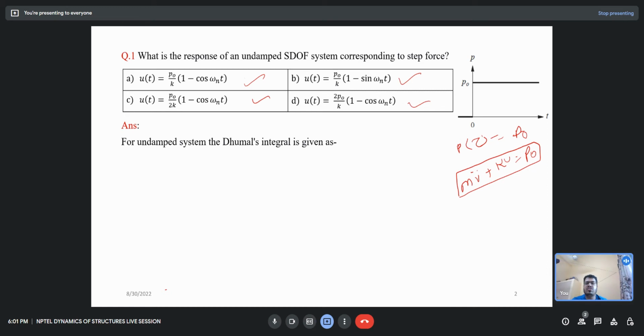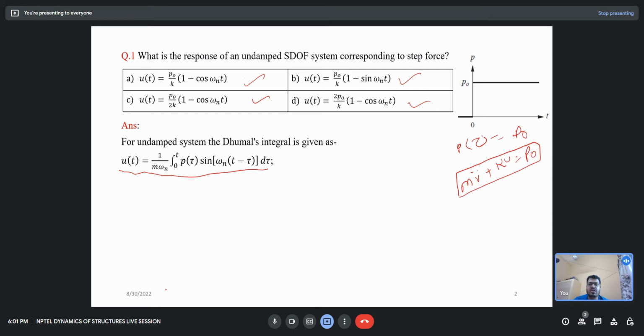So do you know what is the equation of the Duhamel integral for the undamped SDOF system? For the undamped SDOF system, u(t) is equal to 1 by m omega n integral of p(tau) sine omega n (t minus tau) d tau.